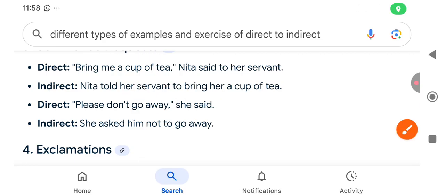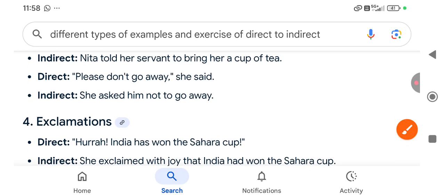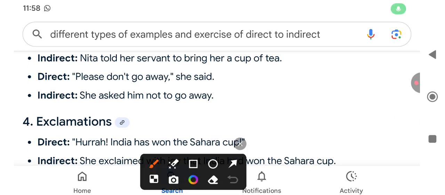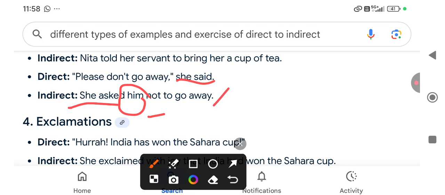Okay. Now "Please don't go away," she said. She asked him, you have to put, she asked not to go away. Another example, you can also say that, which is not mentioned here.